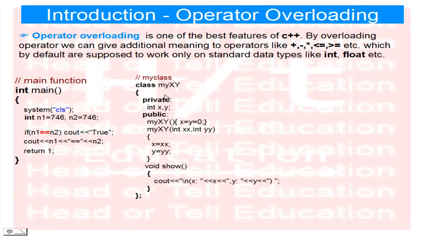The class name is my xy class, and inside I have created private integer variables x and y. Publicly accessible are member functions and constructors in this class. I created a zero argument constructor which sets the default value 0 for both variables, and a two argument constructor to set the values of both variables.